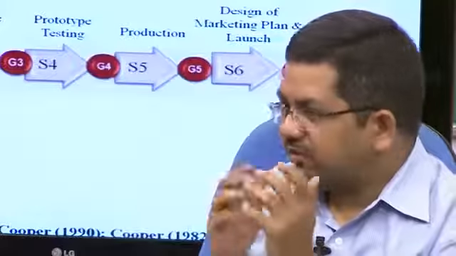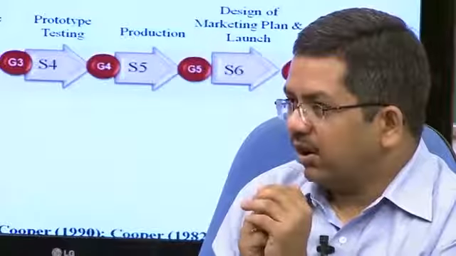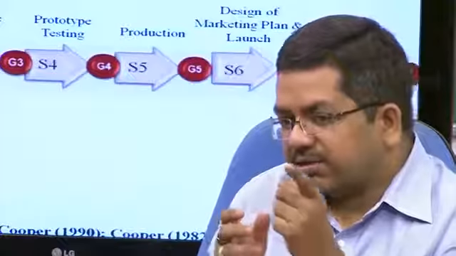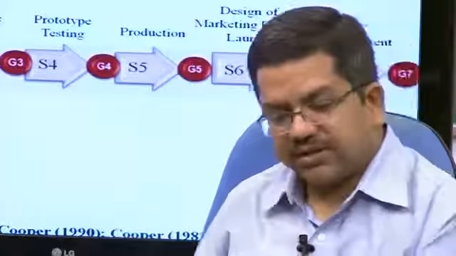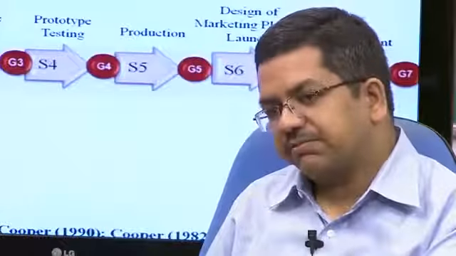On the other side, if you come out with a radical idea, you may not be able to understand the market potential, and in that case sometimes the idea gets killed at stage 1 itself, and that is where the criticism for this stage gate development process comes into the picture.